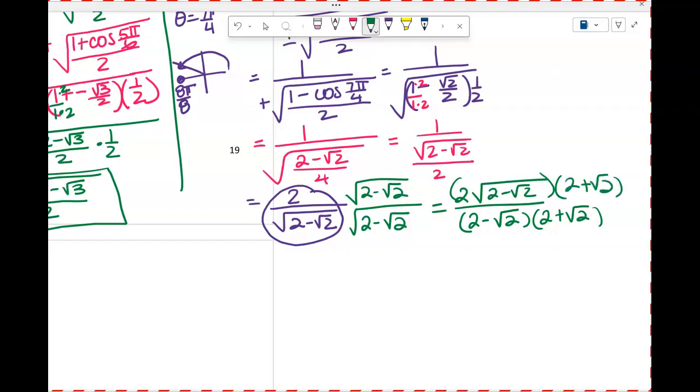All right. So now on the bottom, 2 times 2 is going to be 4, rad 2 times rad 2 is 2, so that's what that is right there. On the top, it's going to be 2 times the square root of 2 minus rad 2, and then the back end here is 2 plus rad 2. Well, whoa, look at this, guys. Check out the bottom for me. 4 minus 2 is what?